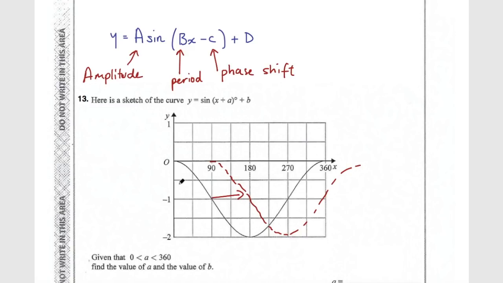So it's just shifting the graph left or right. So that's what C represents in this equation. And you can see here A in the question is corresponding to C in my little equation here. And then D is the easiest one I think to deal with, is the vertical shift. And that's just a simple up or down movement.